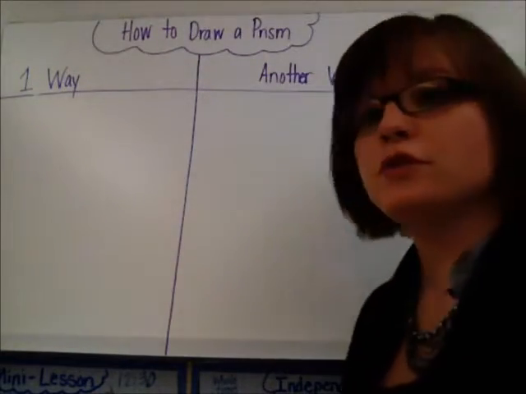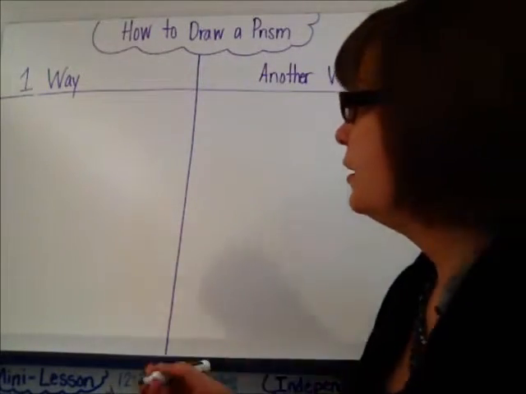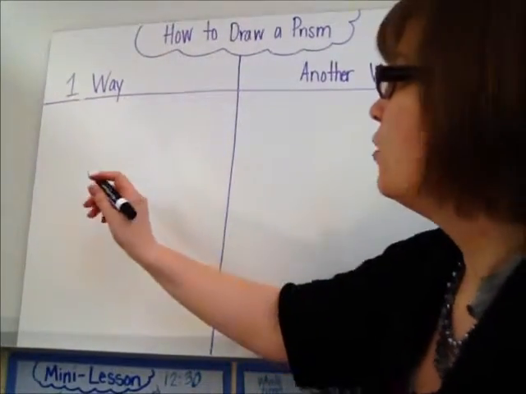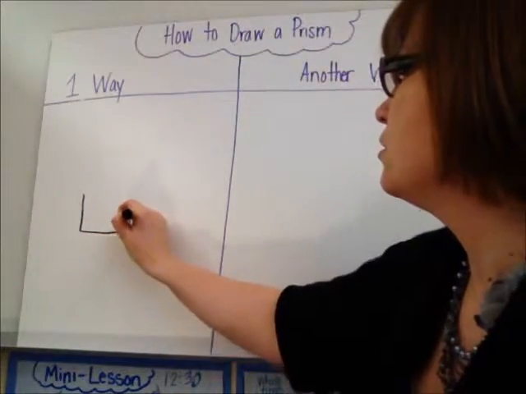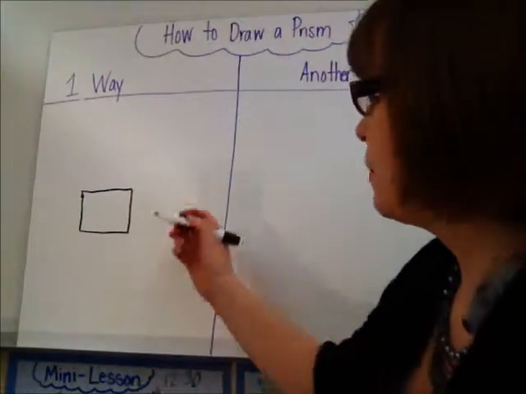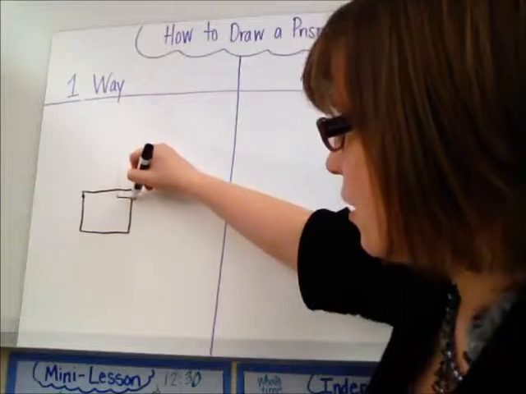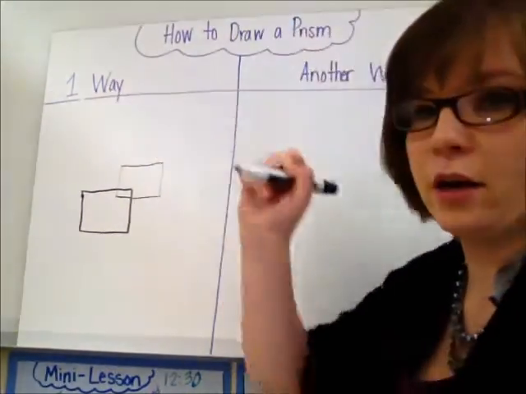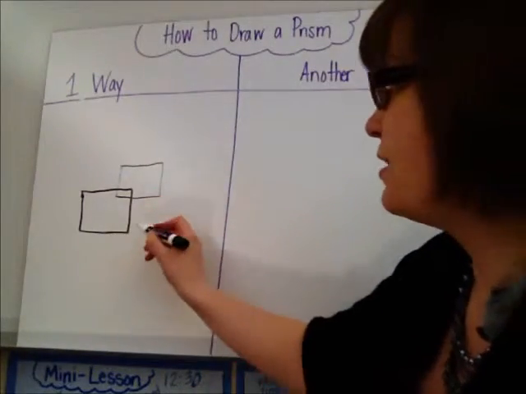I'm going to show you 2 different ways to draw a prism. One way is to draw just a square, and my lines aren't going to be perfect here. And then above and to the right of that square or rectangle, you're going to draw another one the same size. Again, mine aren't perfect. And then you attach them from vertex to vertex.